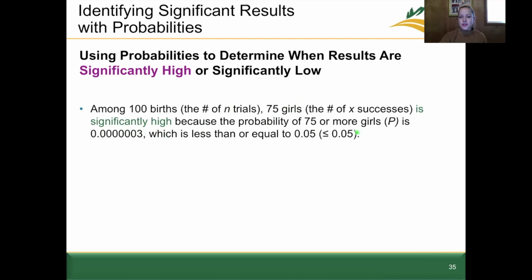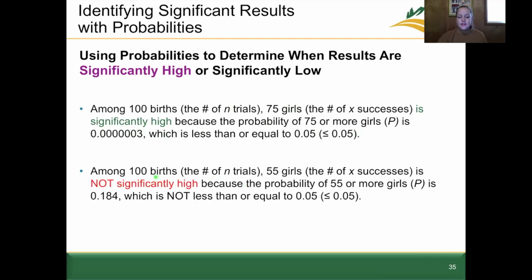In the same way, if we have 100 births again, that's the number of events, that's the number of trials, so that's our N value. Then if we're looking at the probability of getting 55 girls specifically, so 55 would be our variable X. X is also considered our number of successes.